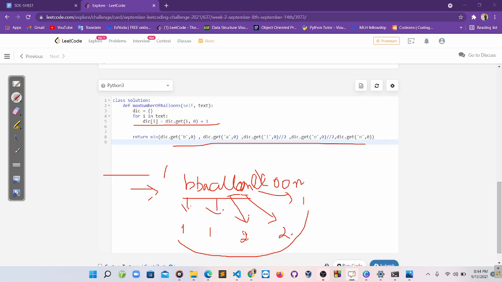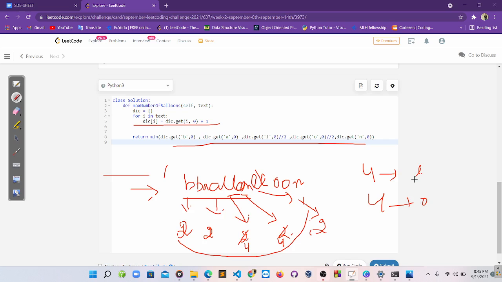So in that case, B has frequency 2, A has frequency 2, L has frequency 4, O has frequency 4, and N has frequency 2. Now from there we know that if we have two instances of balloon, there must be 4 frequency of L and 4 frequency of O.